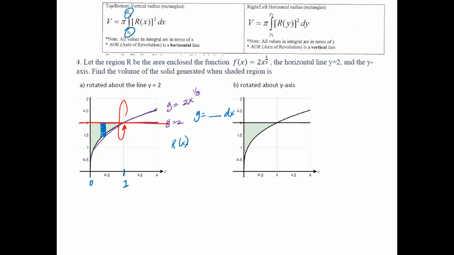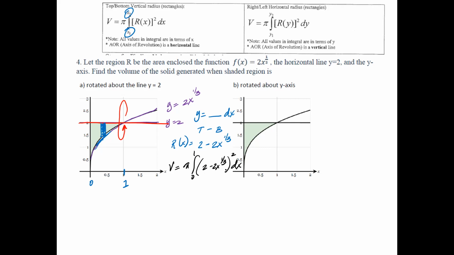Then let's find R of x. R of x is going to be top minus bottom. The top is just 2, minus the bottom, which is touching this curve right here, which is 2x to the 1/3. Now plug this into volume equals pi integral from 0 to 1 of (2 minus 2x to the 1/3) squared dx.